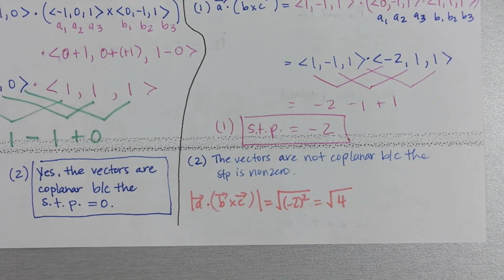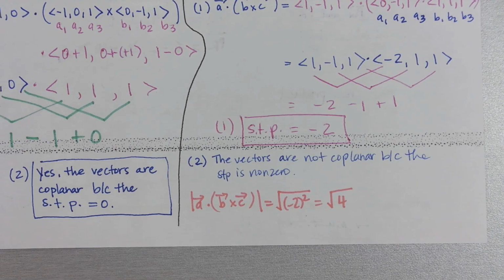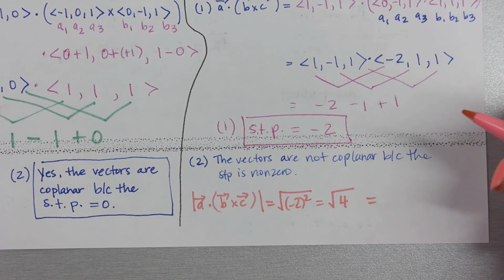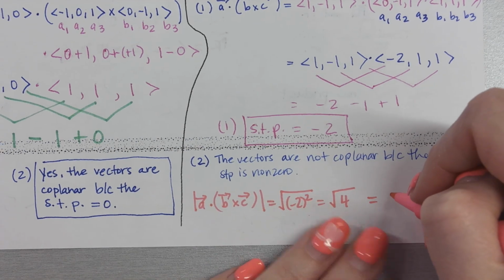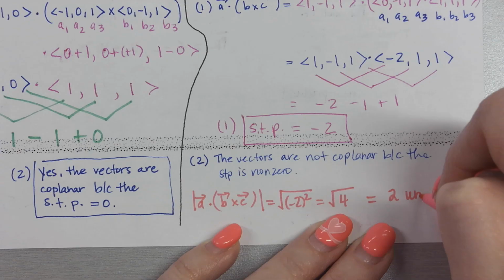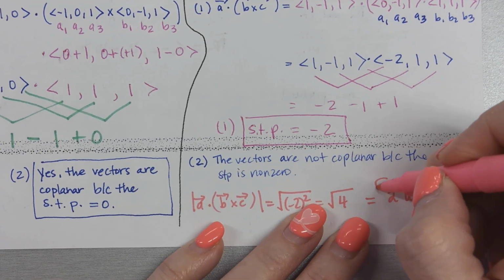The square root of 4, we do recognize as plus or minus 2, but when you're dealing with the volume, it has to be what? Volume is a positive value. And when you include the units, they need to be cubed for your volume.